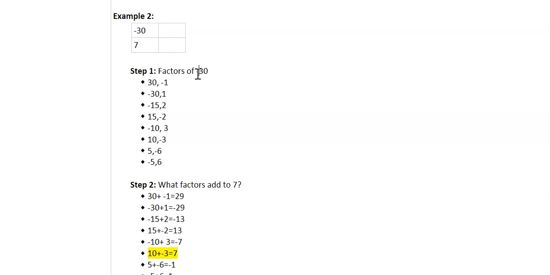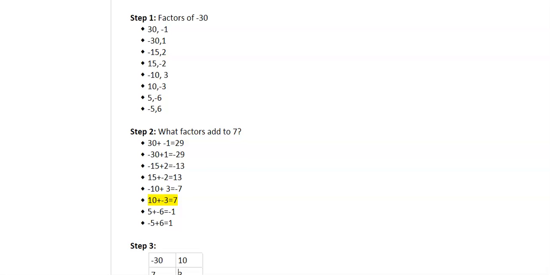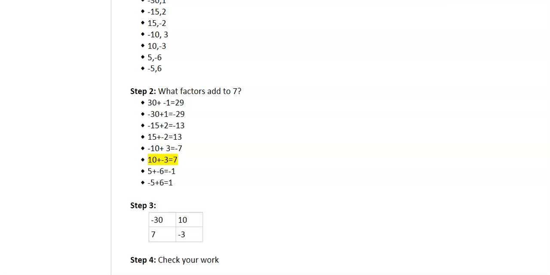So now I want to see which ones add to 7. Go through them all, and we can see that 10 plus a -3 is equal to 7. So I know in my box I can fill in a 10 and a -3.